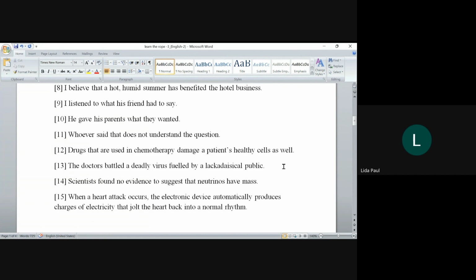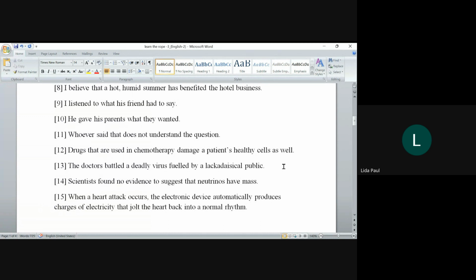These are all functional words, and since they're functional words, they may have more than one function to perform. What they are used as in a sentence will have to be judged by the reader based on what the sentence tells you or what the context of the sentence is. So be a little careful about it. Just because you saw "that", don't immediately think that "that does not understand the question" is my subordinate clause. Read the question carefully.